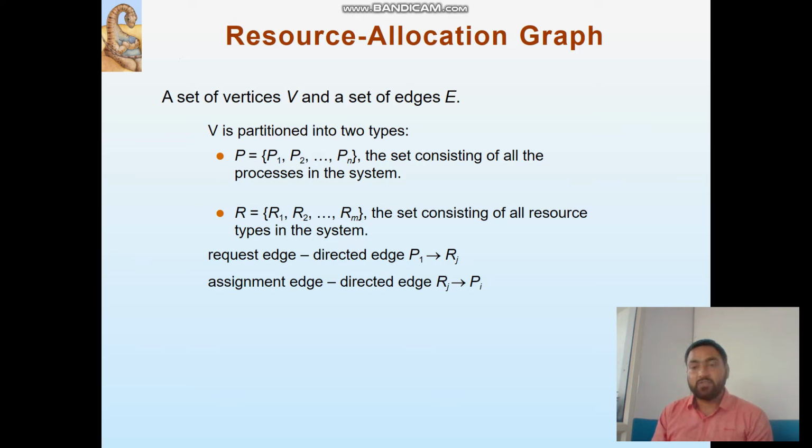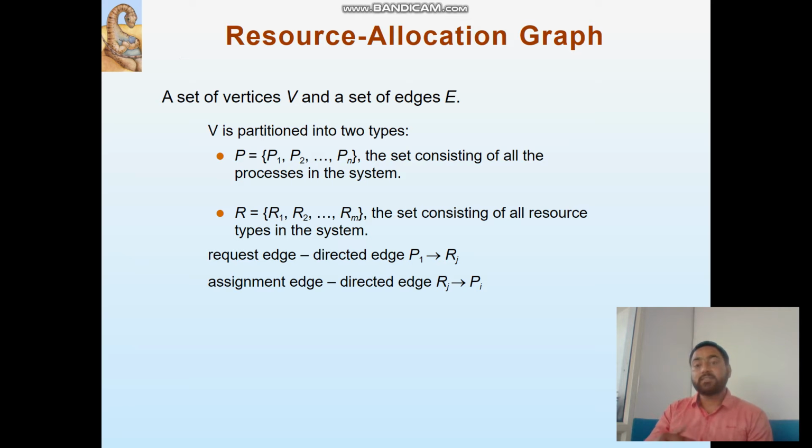P is a set which holds all the processes in the system, from P1 to Pn, and R is the set holding the m resources, the total number of resources available in the system, R1 to Rm. Then there are two edges in the system. The first one is the request edge.